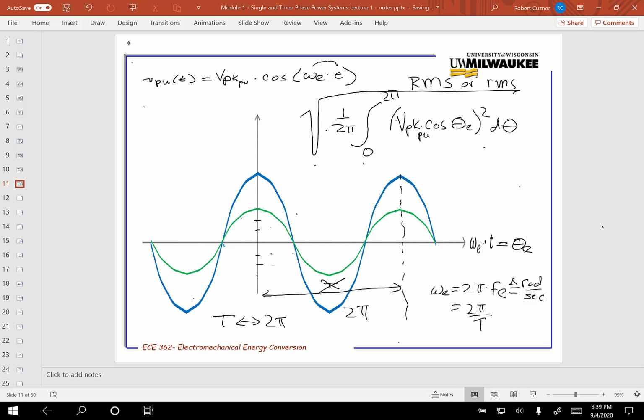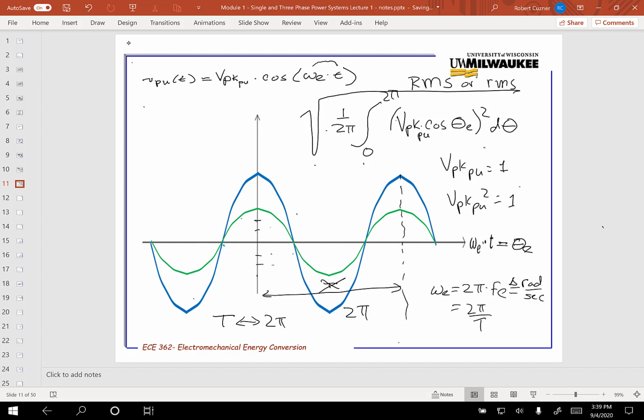Now we can clean things up a little more here, because we know that V peak per unit is equal to 1. So just for the purpose of illustration of an RMS, we will just use the voltage because the peak is 1, and we know that V peak per unit squared is also equal to 1.